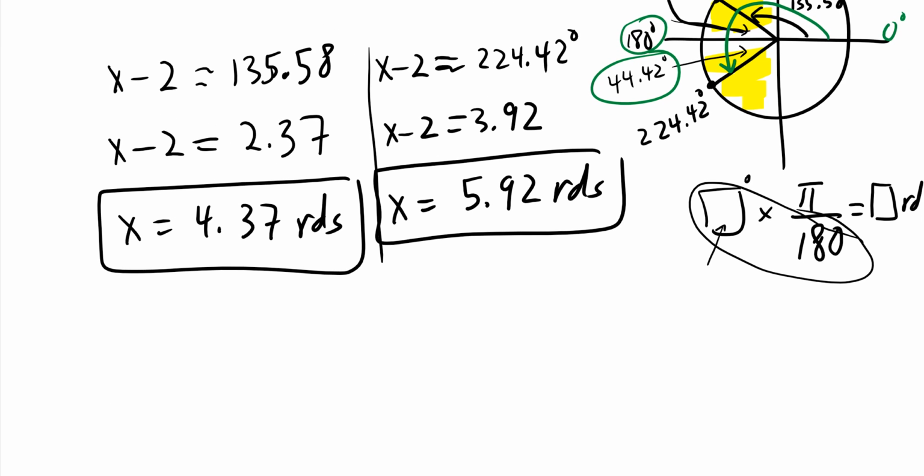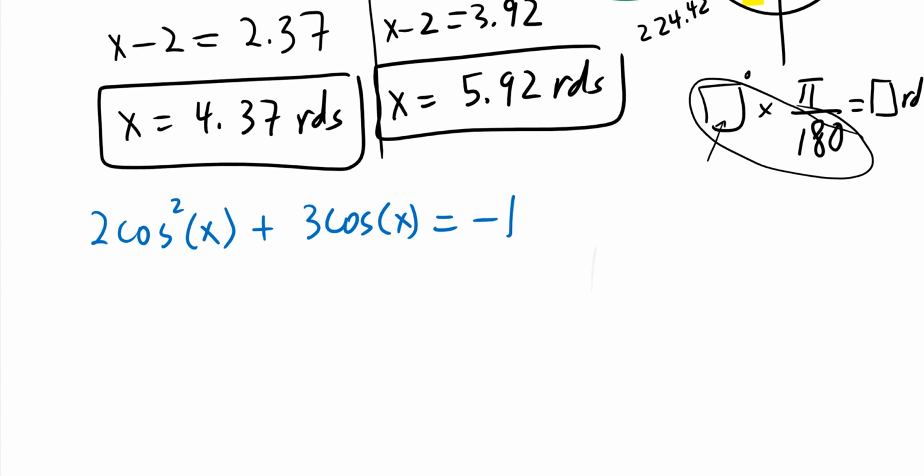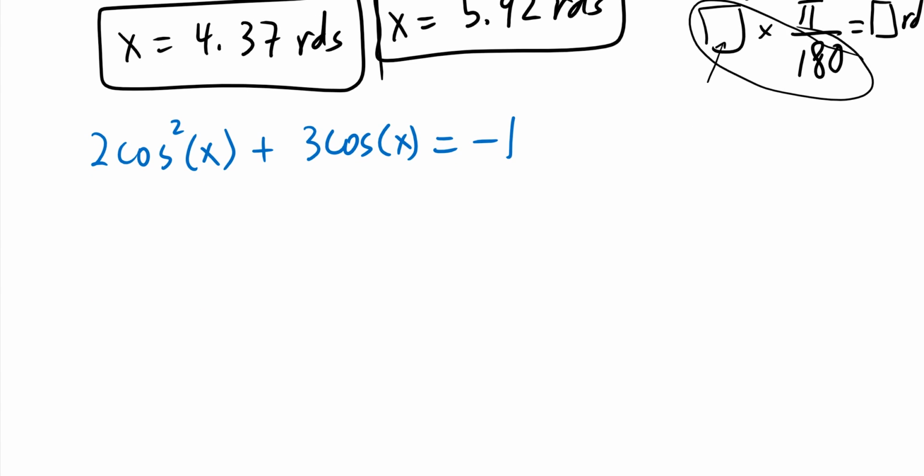The next example: can they ask us to solve quadratics in trig? The answer is yes, they can. As we learned with quadratics in algebra, let's restrict the condition to 0 to 2 pi.